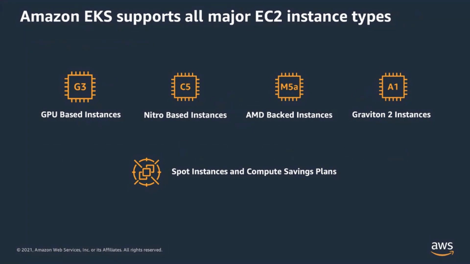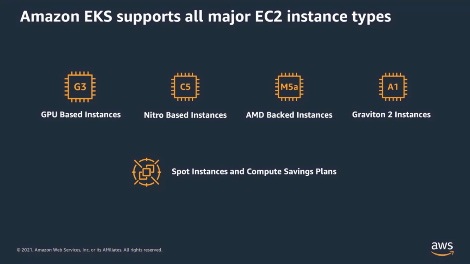Let's talk a little more about the different instance types that are supported with Amazon EKS. Amazon EKS makes it easier to leverage a variety of different compute options for your workloads. GPU-based instances are very popular with customers who run compute-intensive machine learning workloads.